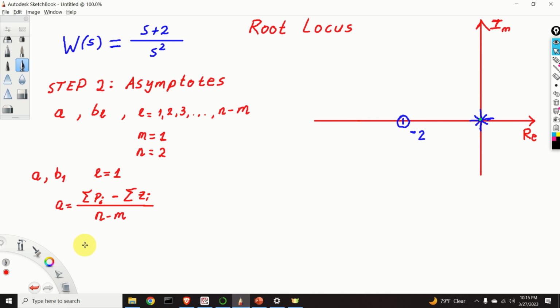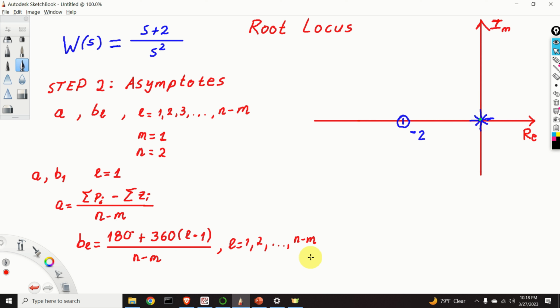On the other hand, the formula for the angle BL, in the general case, is equal to 180 degrees plus 360 multiplying L minus 1, divided by n minus m, where L takes the values of 1, 2 until n minus m.